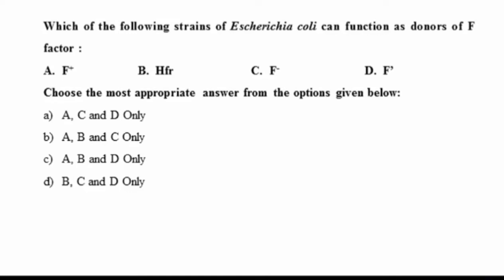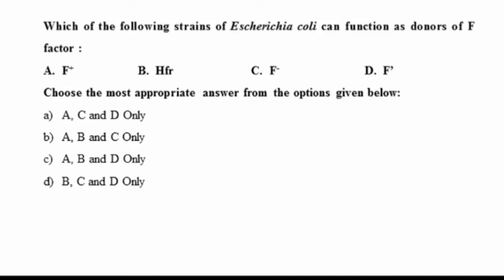The cells that carry this F plasmid or the fertility factor are designated as F positive, and those that do not have it are known as F negative. Now, in certain cells, F plasmid gets integrated into the host genome, and during F transfer, the host genome is also transferred.